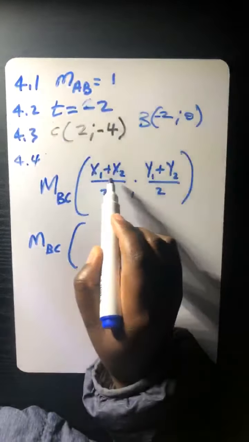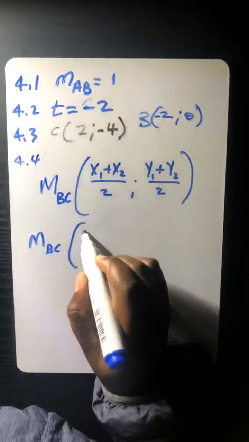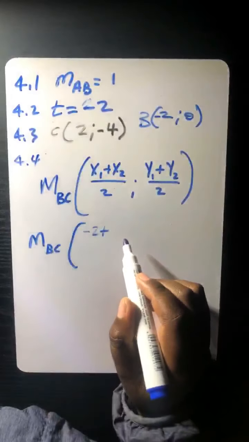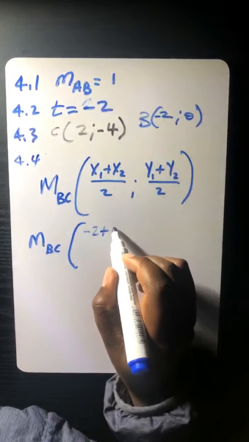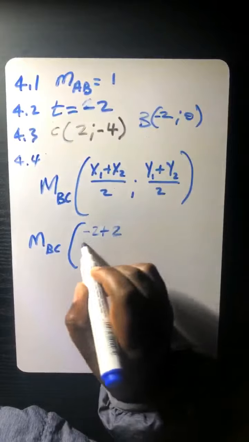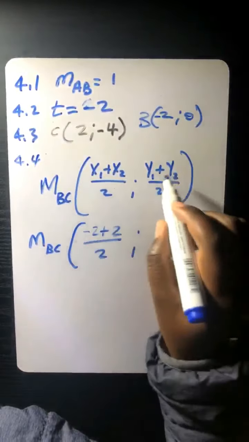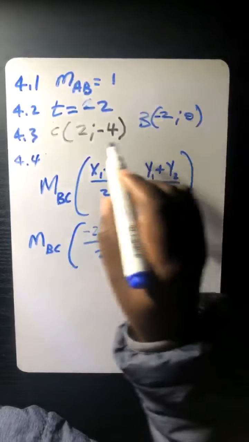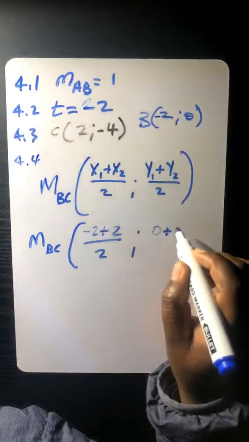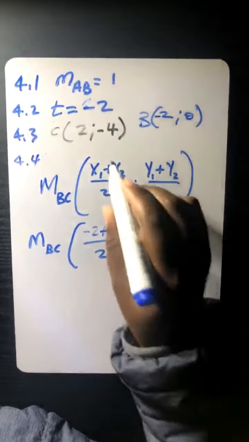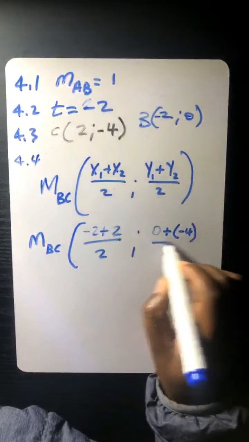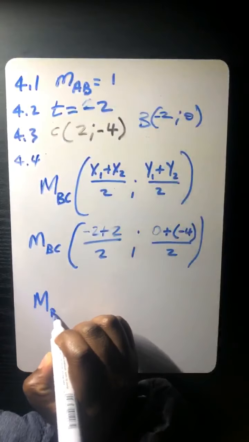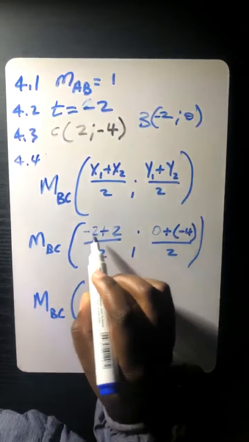So x1, we can take it to be B, being -2, and then you add x2. What is x2? It is 2, then this is over 2. What is y1? It is 0 there, and then you say plus, because the formula says plus, then inside the brackets you've got -4 divided by that. So let's see, the midpoint of BC, what are we having there?